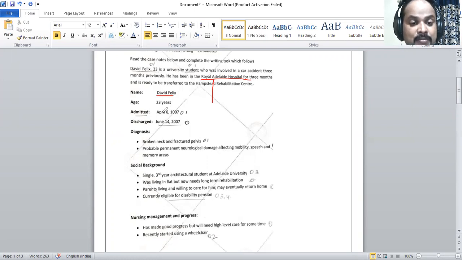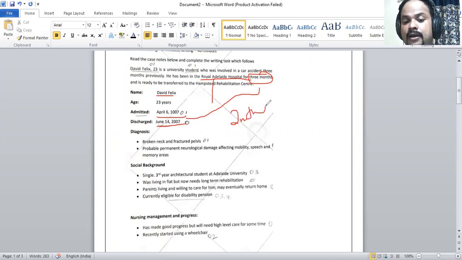You can see the admission date as April 6. If you calculate April 6, May 6, June 6, it has not been 3 months. In your care, the patient got admitted on the 6th, so he just crossed 2 months and around 8 days.